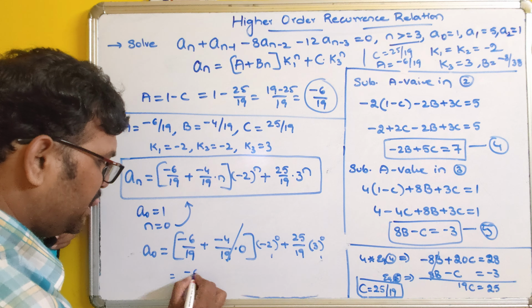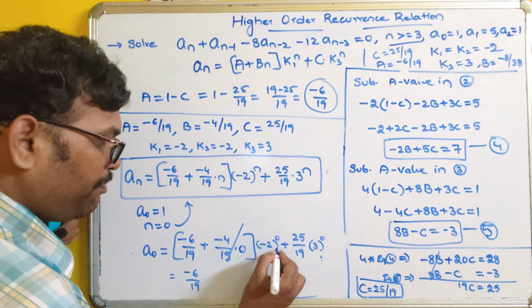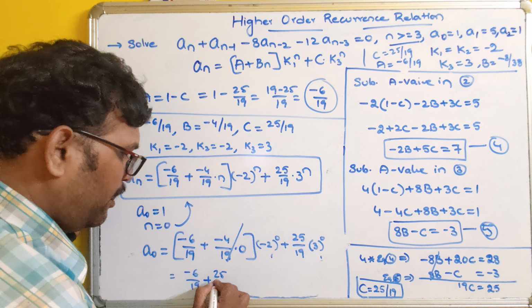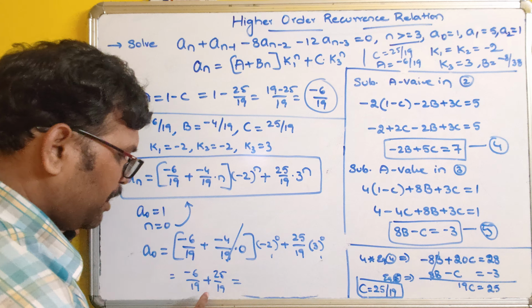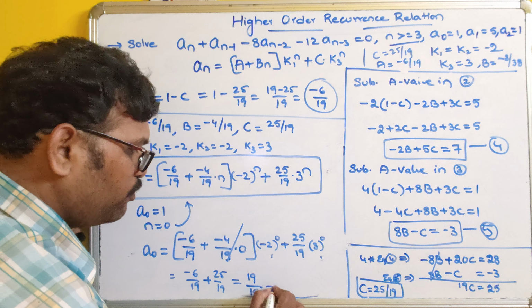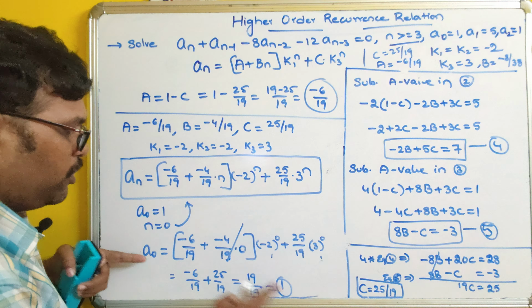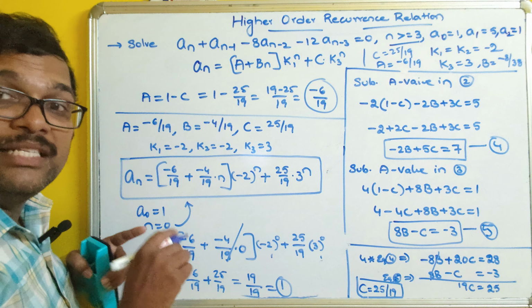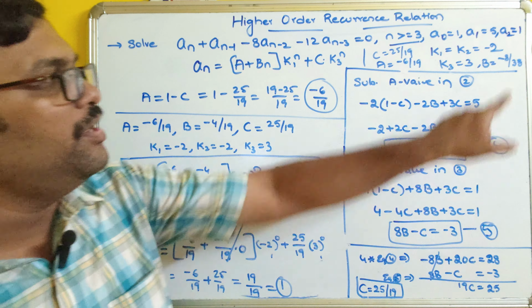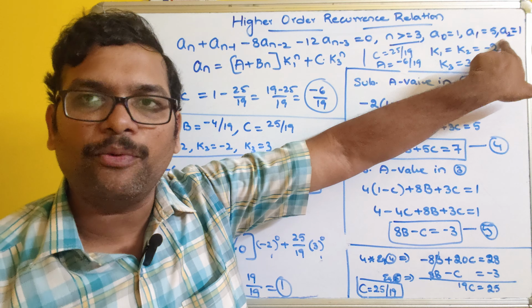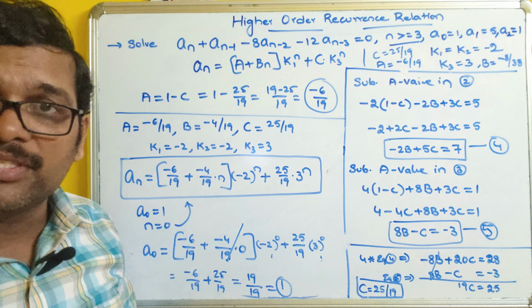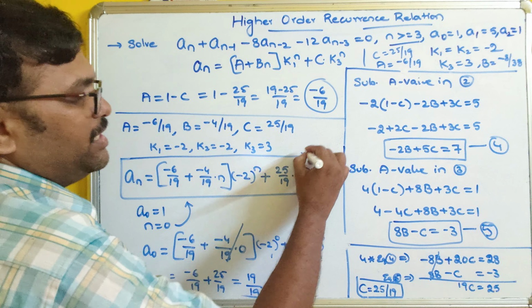So this becomes minus 6 by 19 plus 25 by 19, which becomes 25 minus 6, which is 19 by 19, which becomes 1. See, we are getting a_0 equal to 1. Similarly, you can also substitute n is equal to 1 and definitely you will get the result as a_1 equal to 5. So if you got these values, we can say the procedure is correct, the roots are correct and the general solution is also correct.